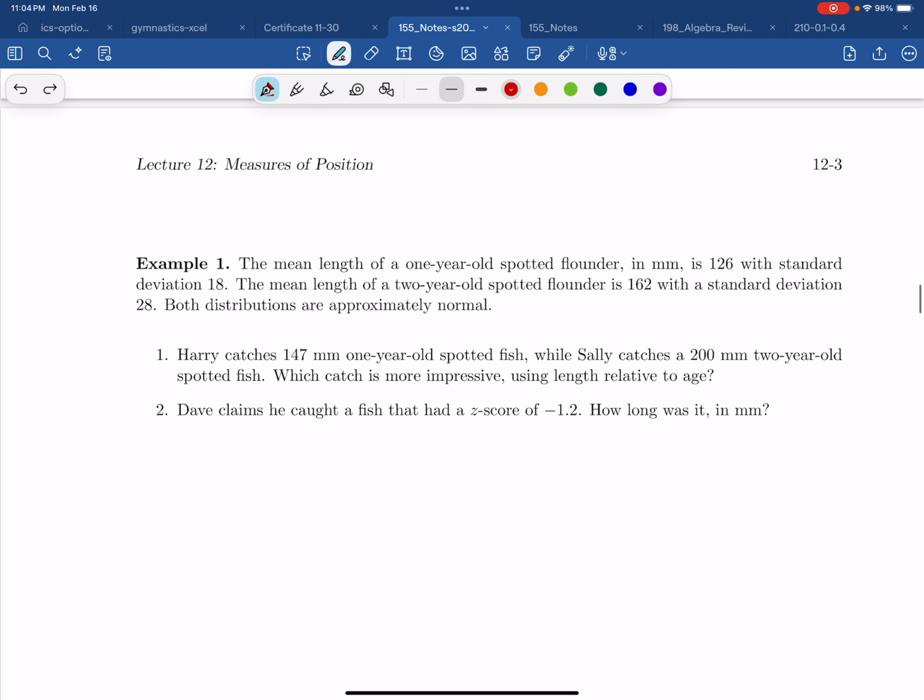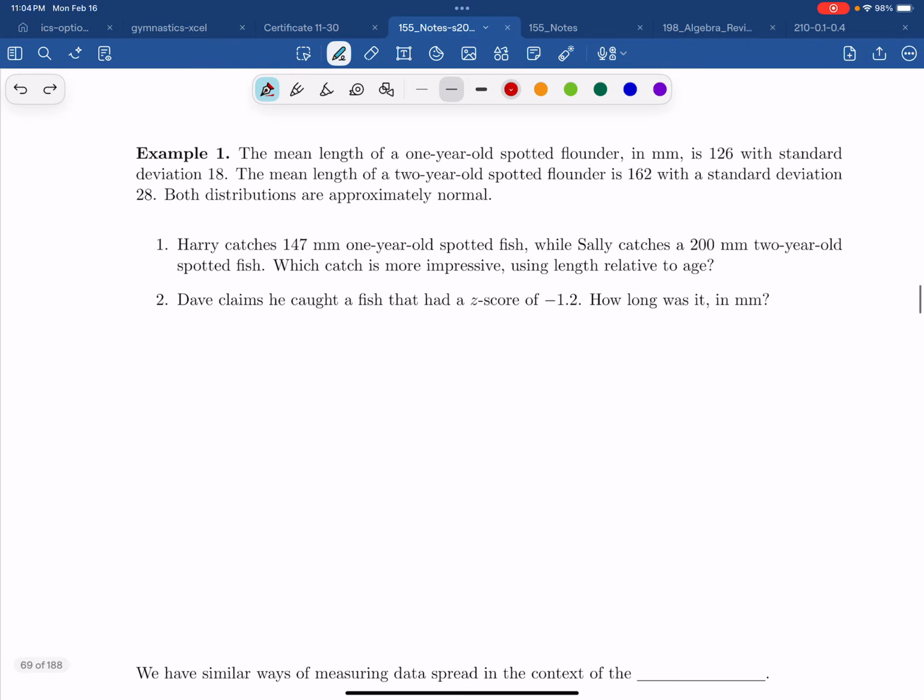All right, now let's do an example where z-score can be helpful, right? Sort of similar to the last one, but maybe a little more straightforward. We have 1-year-old and 2-year-old spotted flounder. We have a mean here, standard deviation there, mean here, standard deviation there. And we want to know who had the better catch, Harry or Sally. So it's impossible to compare two different kinds of fish, but using z-score, we can have an idea of maybe who did better.